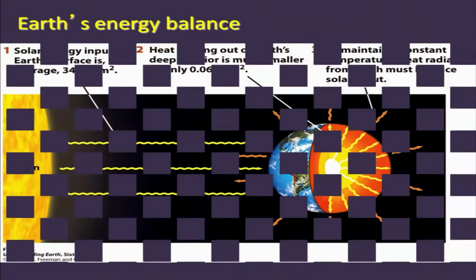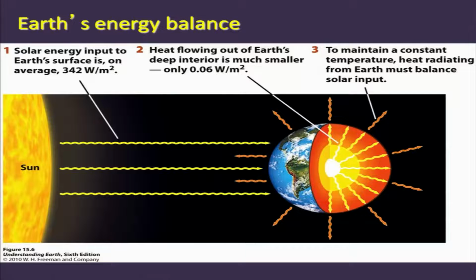So, the earth's energy balance: the solar energy input to the earth's surface is on average 342 watt per square meter. Heat flows out of the earth's deep interior, because there is another source of heat which flows towards the earth's surface, and this heat flow is transmitted to the atmosphere in terms of long wave radiation.